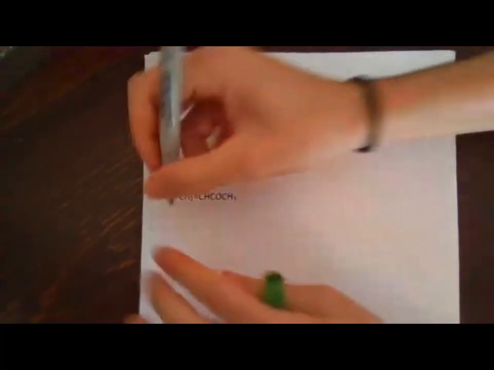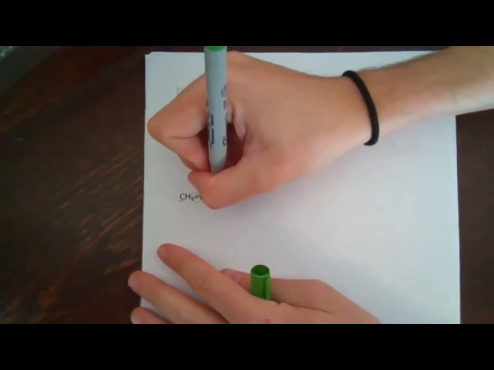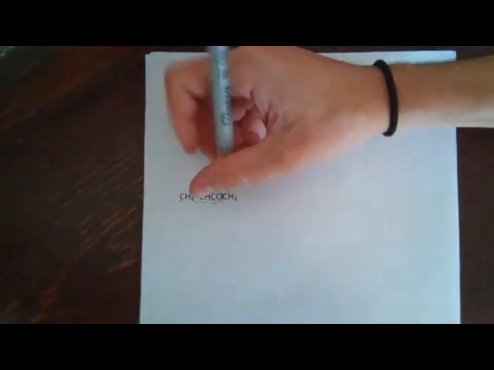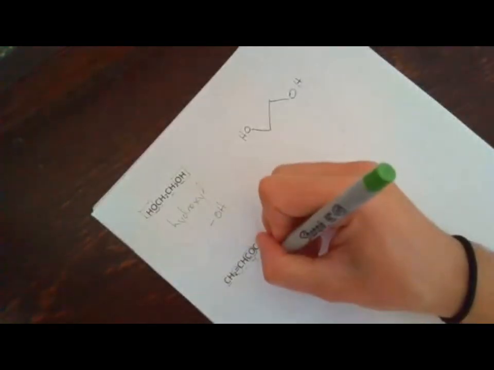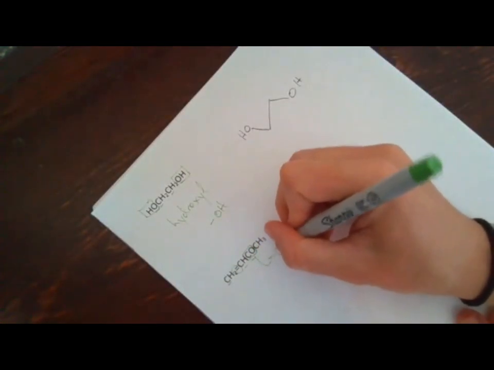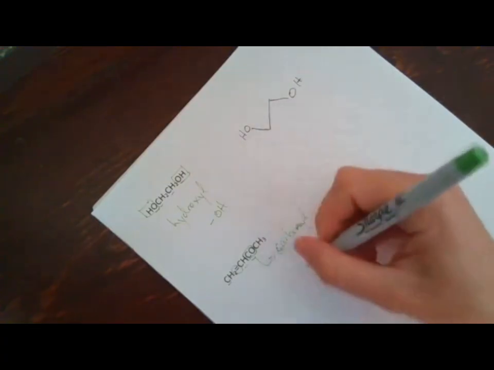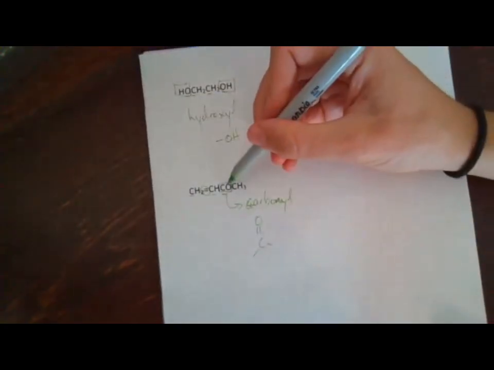One last one. CH2 double bond CH, CO, CH3. So if we remember CO, that's carbonyl. So it's going to be C double bonded O with things hanging off a carbon.